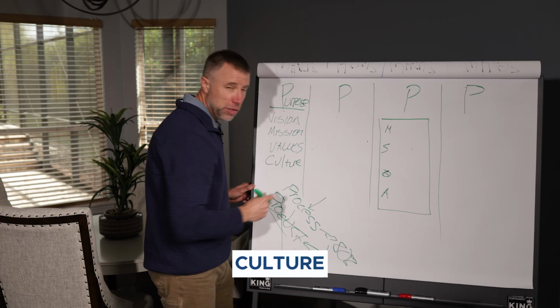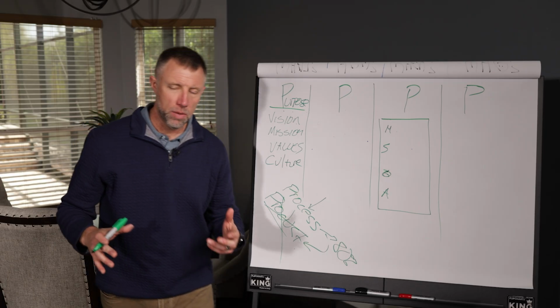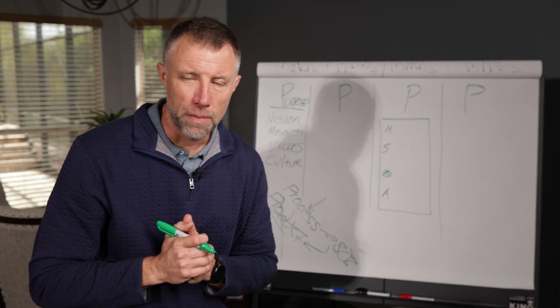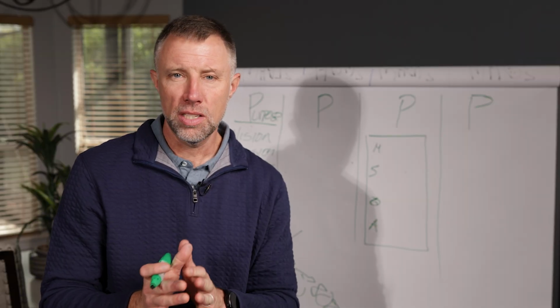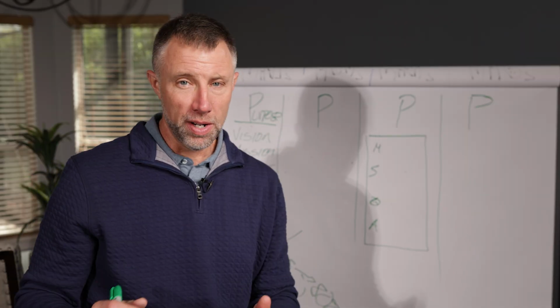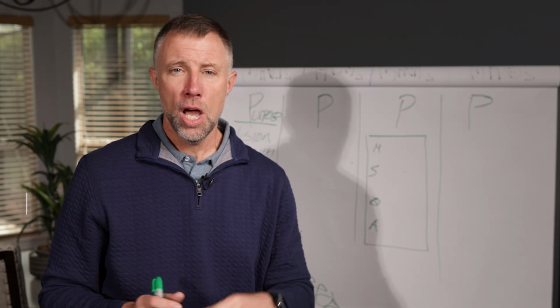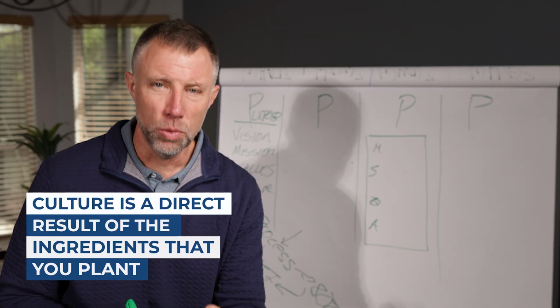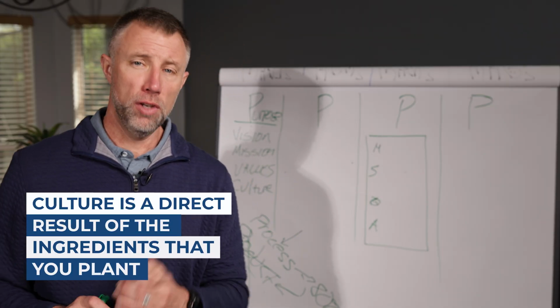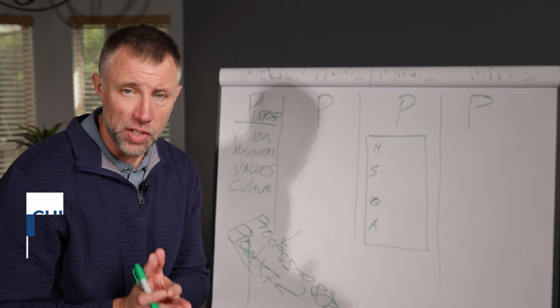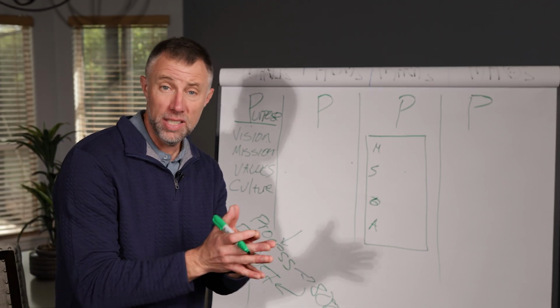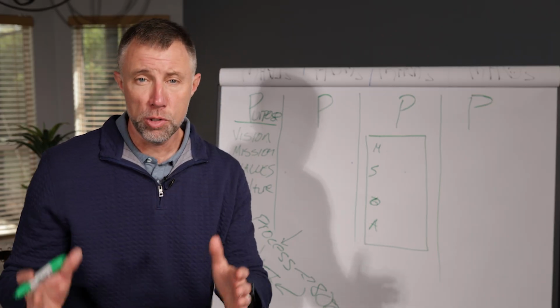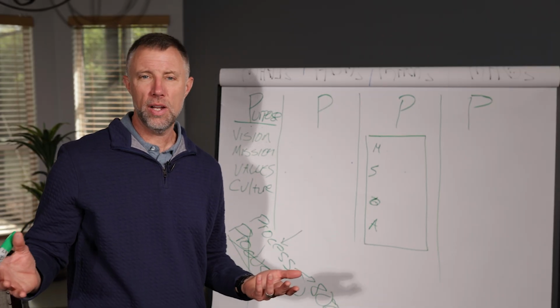Now, something important to understand about culture is many people think, well, you're so lucky you've got this great culture. No, culture is not a product of luck. We don't just cross our fingers and hope for really, really good culture. Culture is a direct result of the ingredients that you plant. So if you don't want gossip, then you're going to need to plant seeds that are not gossip and instead are intentionality, thoughtfulness, or whatever those might be. And you might go, how do you plant intentionality and thoughtfulness?